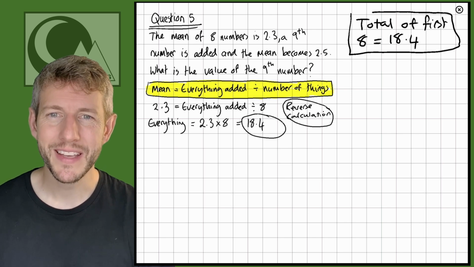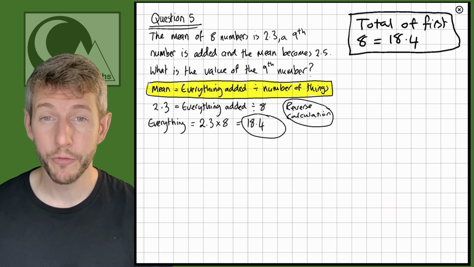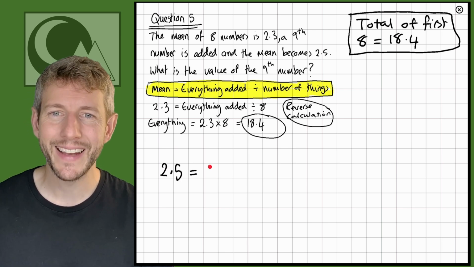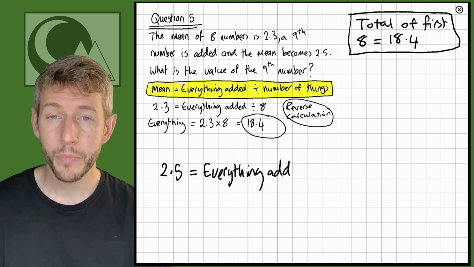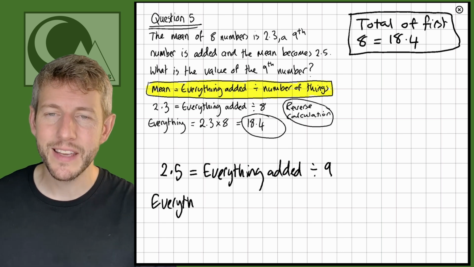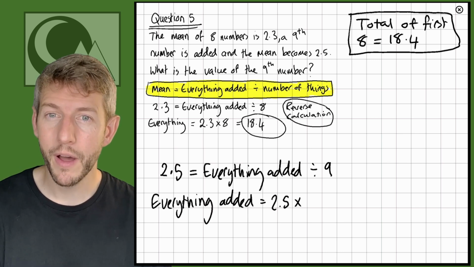Now I need to do this again. So we get the mean for the second set is 2.5. So 2.5 equals everything added together divided by 9. So remember, with the reverse calculation, that means that everything added together equals 2.5 multiplied by 9.